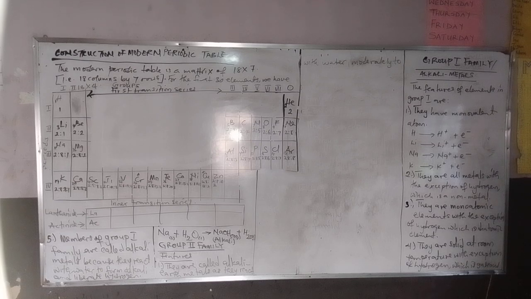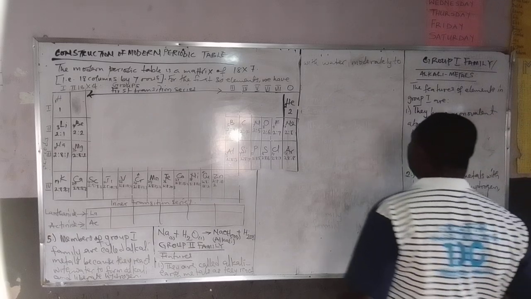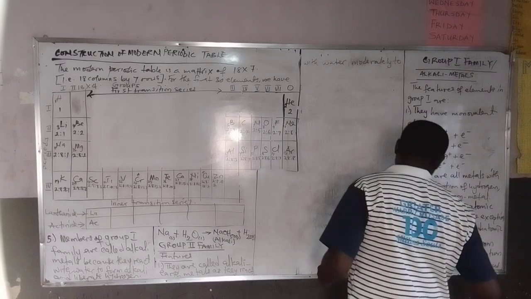So they behave similarly to alkali metals, only that alkali metals do theirs vigorously, but they do theirs moderately. That is why you have to put the word "earth" before you write them.